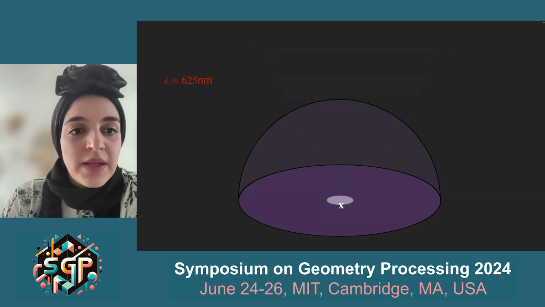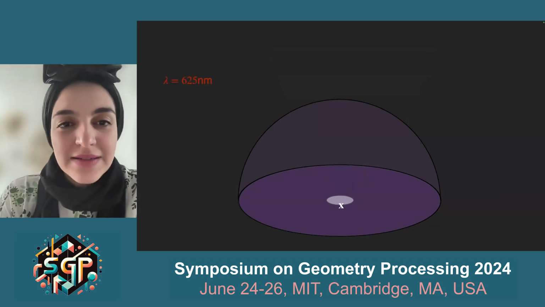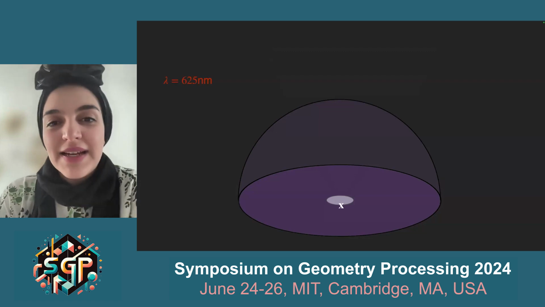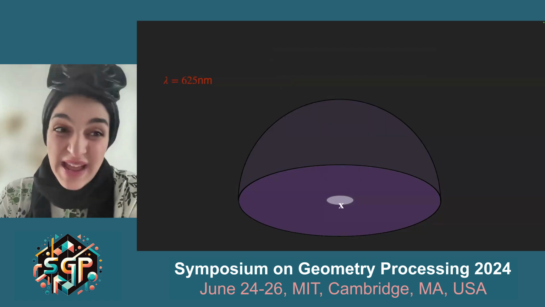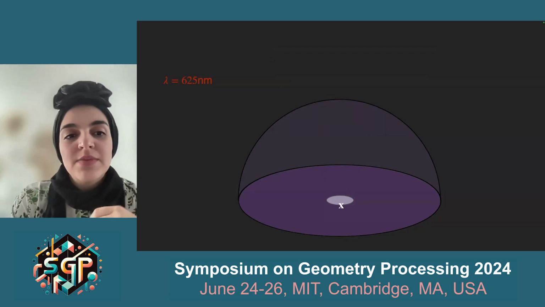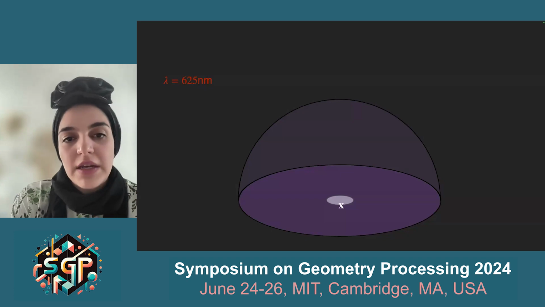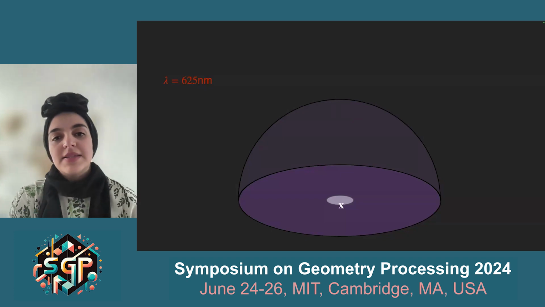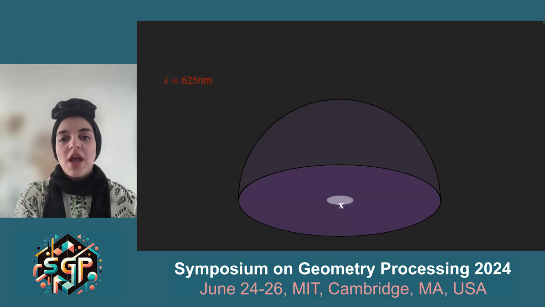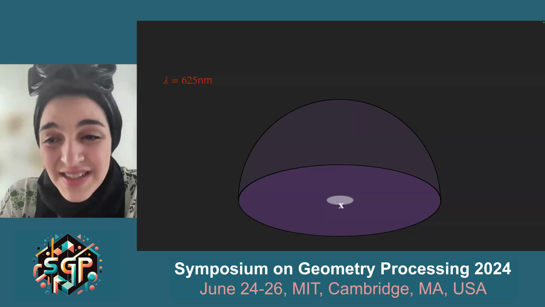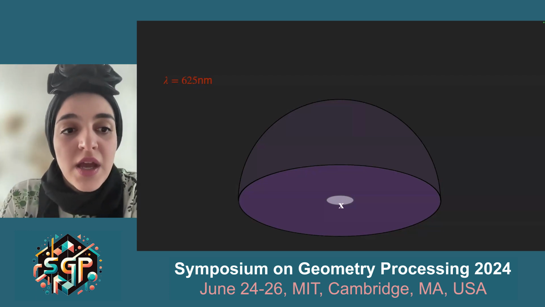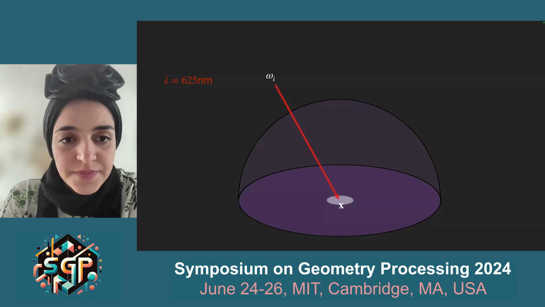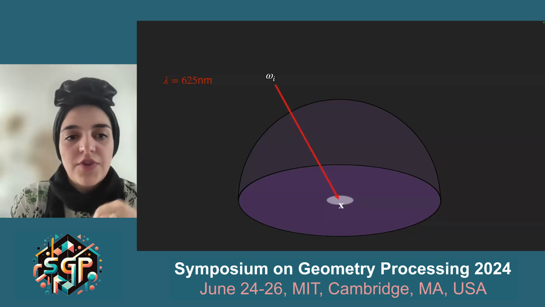So remember we magicked away the lambda some time back? Well, here we can bring it back. To make this more concrete, imagine we have a light of wavelength 625 nanometers, and I'm just going to call it red light, and that's coming in direction omega I from the light source.